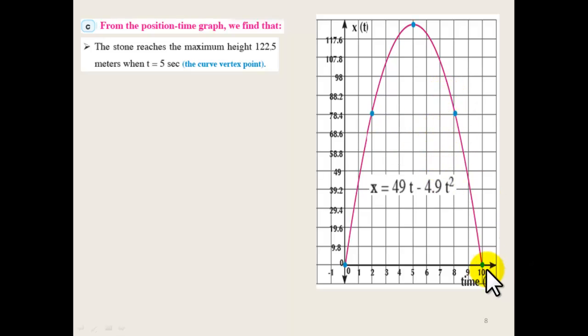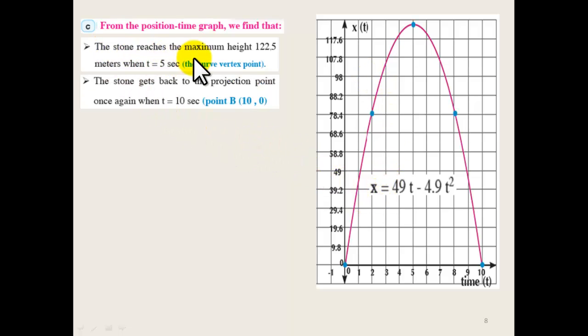After 10 seconds, it will be back to the point of projection. Of course, the stone moves in a straight line like this. Consider that it moves through the straight line, not in this curve. This curve is only to represent the motion.